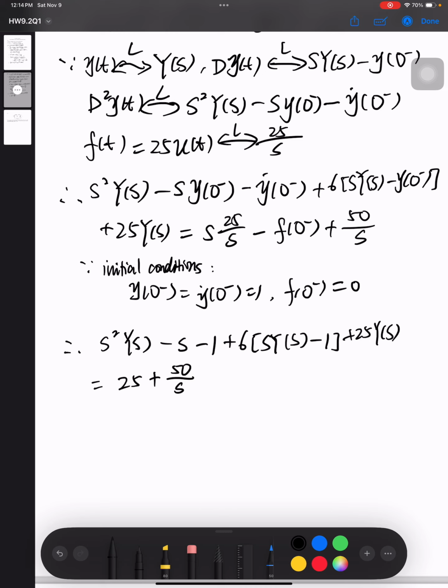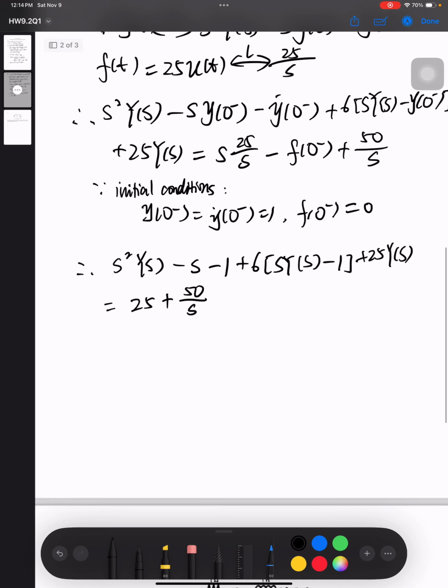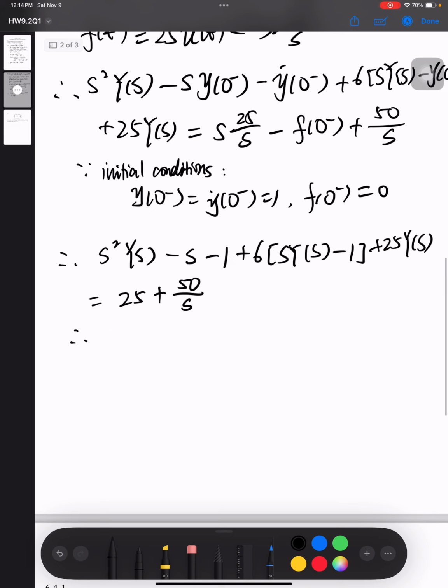With more simplification, eventually we get the expression of Y(s), which is s squared plus 25s plus 50 over s times s squared plus 6s plus 25.